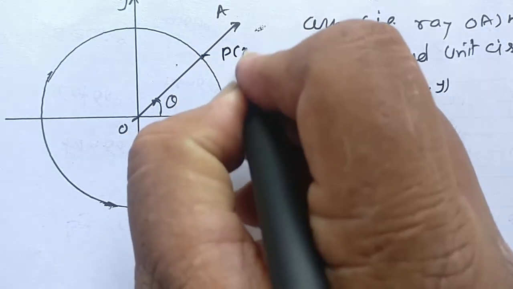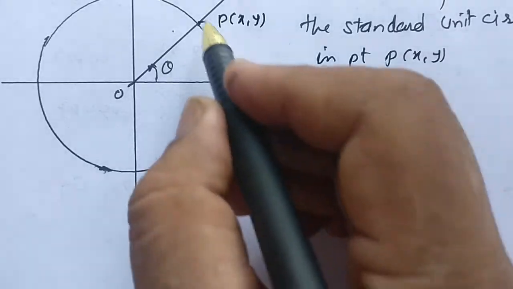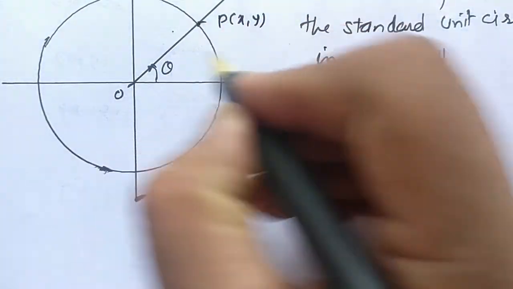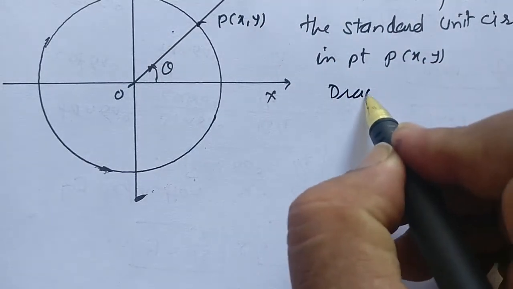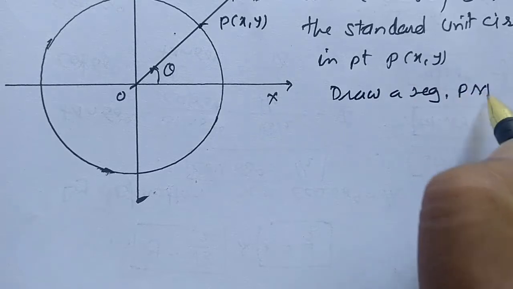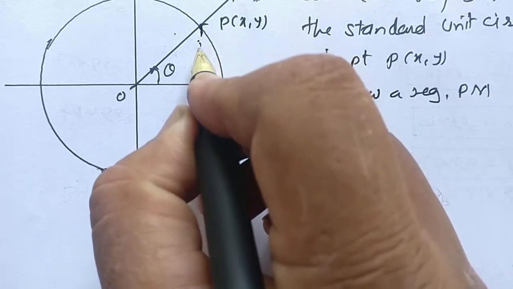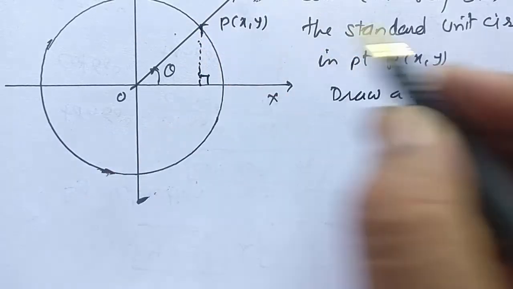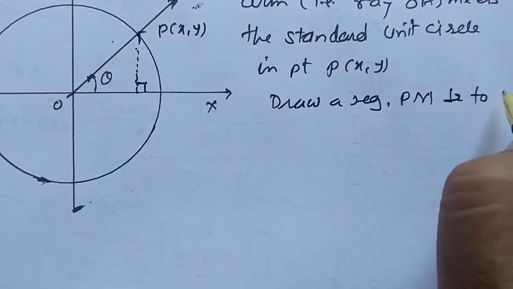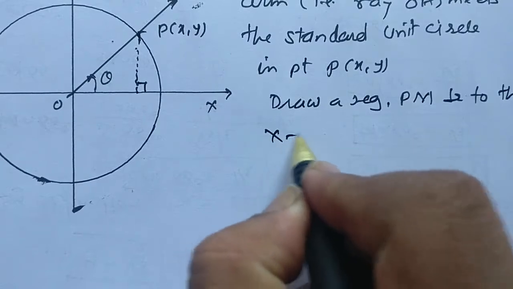So this is a point P (x, y). Draw a segment PM perpendicular to the x-axis.